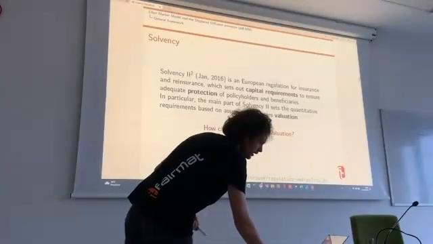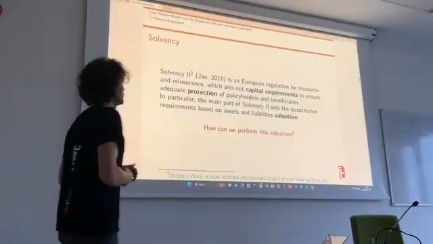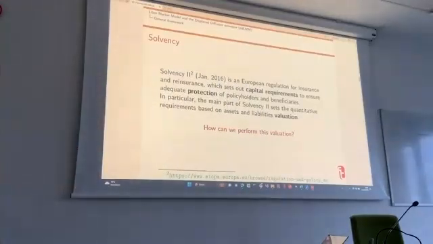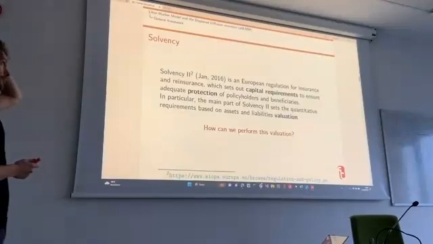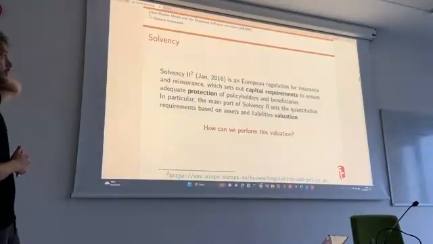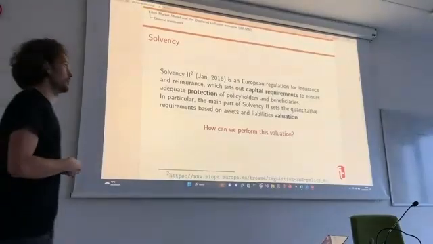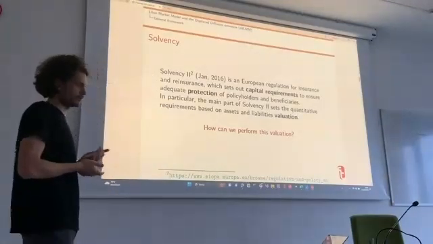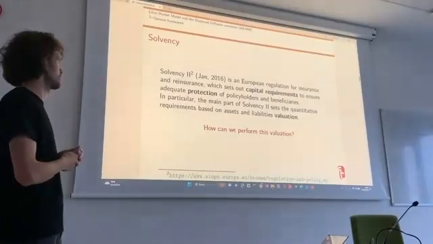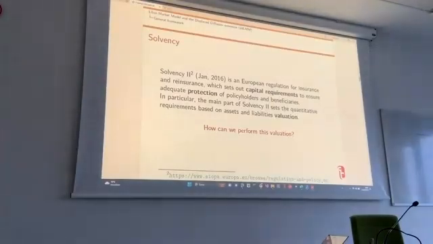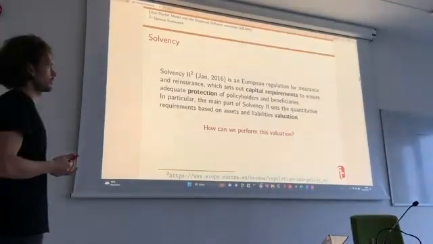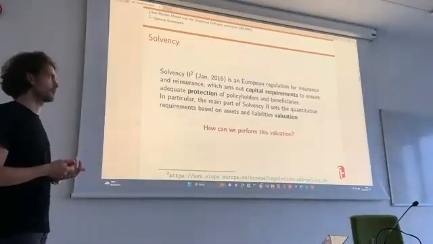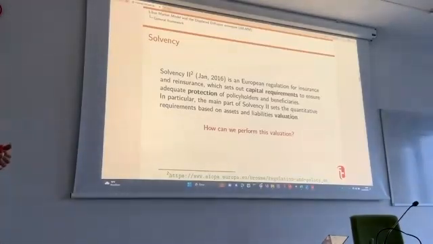Okay. So we were talking about solvency. Solvency II, January 2016, is a European regulation requiring some capital for insurance and reinsurance, setting capital requirements to ensure protection for policyholders and beneficiaries.